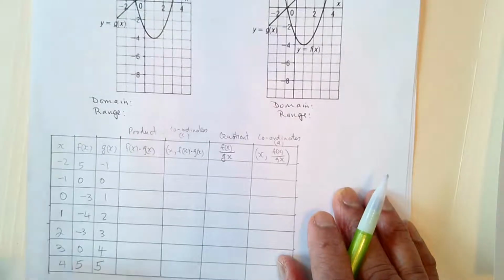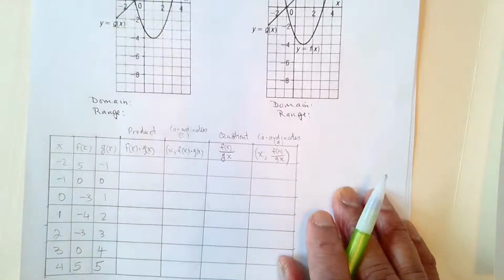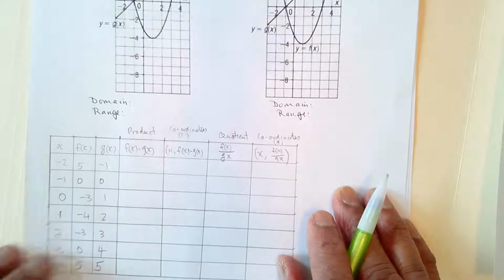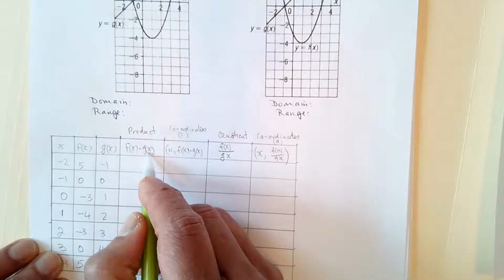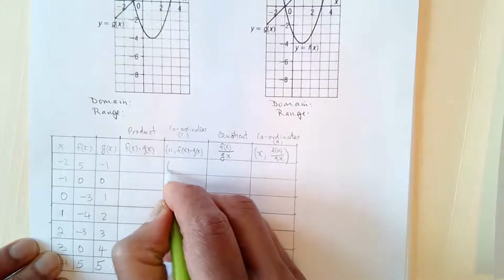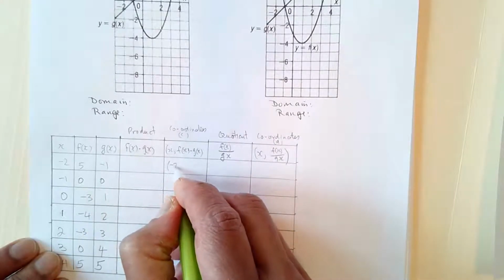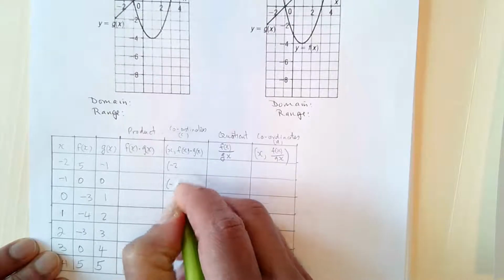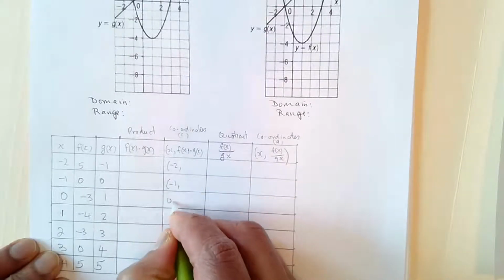So let's work this through. So f of x times g of x, so we multiply these two here. So we know our x, by the way, will be -2 here. We can actually write it here, -1. This will be 0.